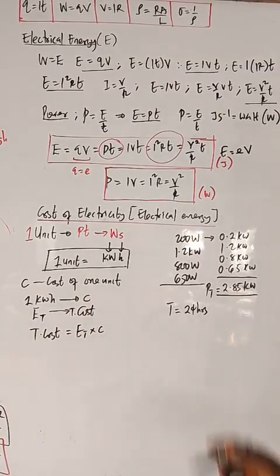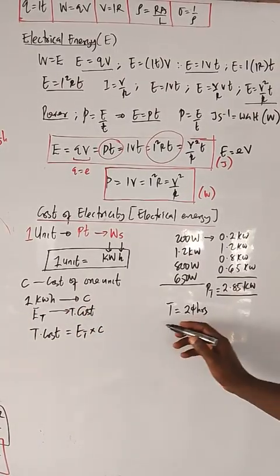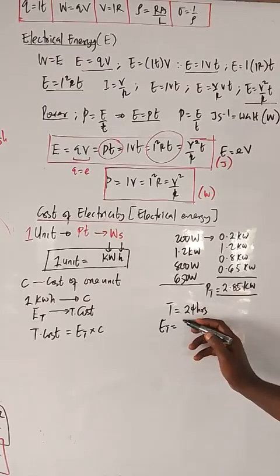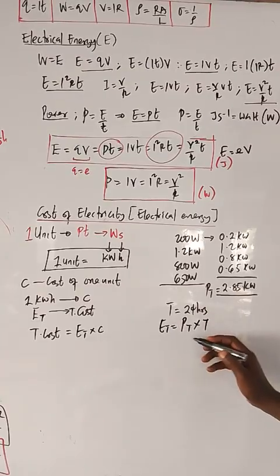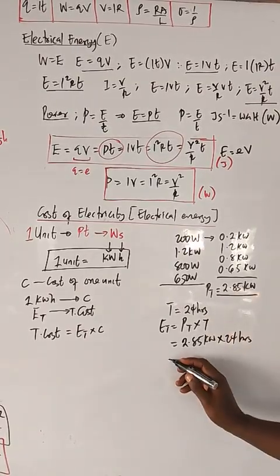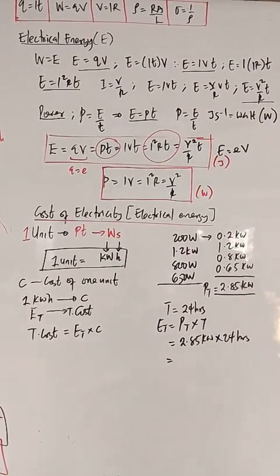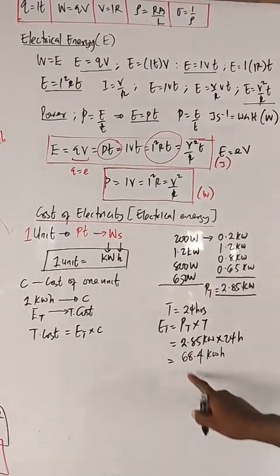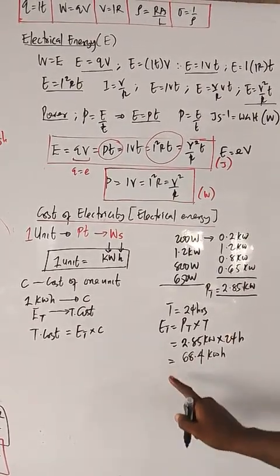And how do we get total energy? We multiply total power times total time, which is 2.85 kilowatts times 24 hours. So if you do 2.85 times 24, you get 68.4 kilowatt hours. So this is total energy.